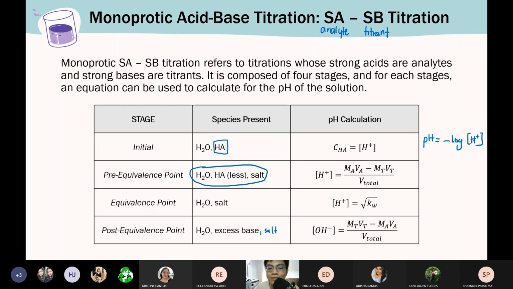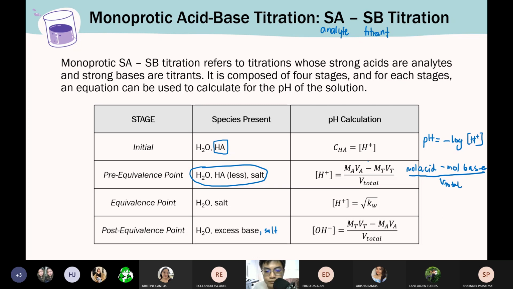So, ibig sabihin, just to explain this equation, this is just the mole of your acid minus the mole of your base. And then we divide it by the total volume.